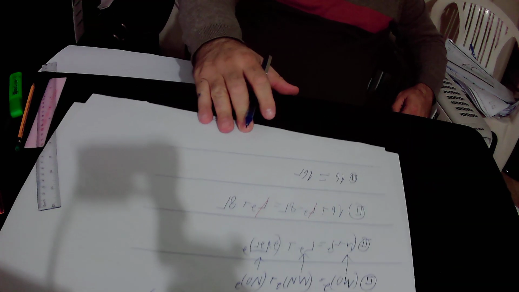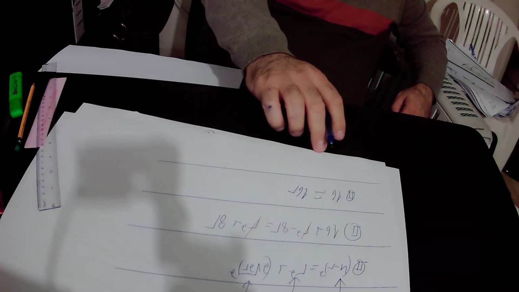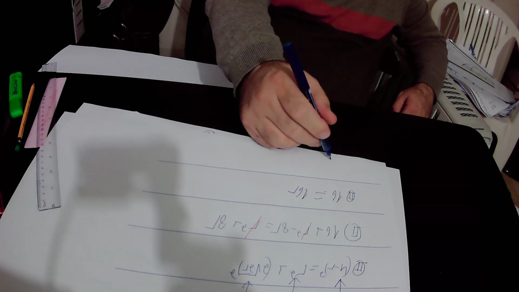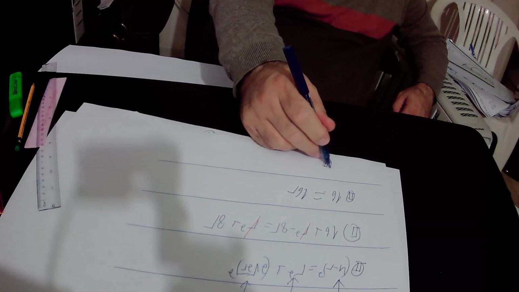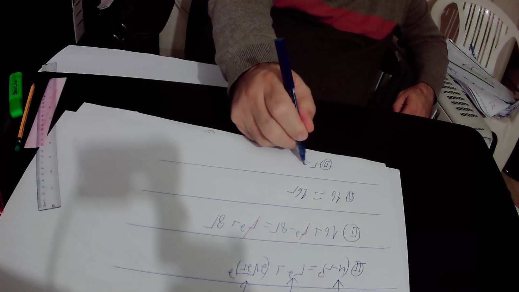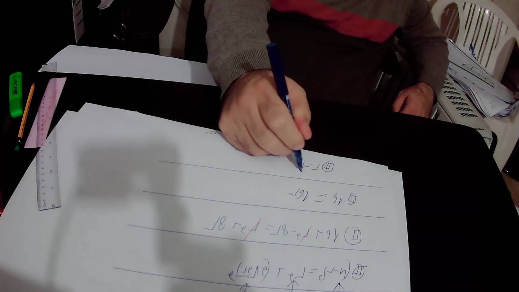So here we will divide equation number 2 by 16, and we will get that R, the radius of the small circle, equals 1 unit. R equals 1 unit.